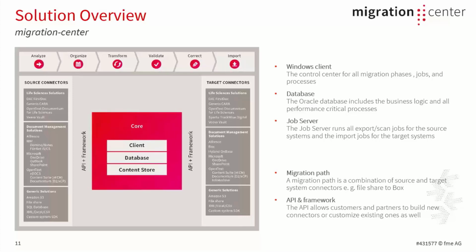Custom system means if you have a system where we don't have a dedicated connector, then we can build a connector together with you or with a partner and plug it into the Migration Center ecosystem. That's quite an easy task because the framework in the middle is handling everything like starting, stopping, scanning, transforming, and importing. The connector is then connecting to the corresponding platform.